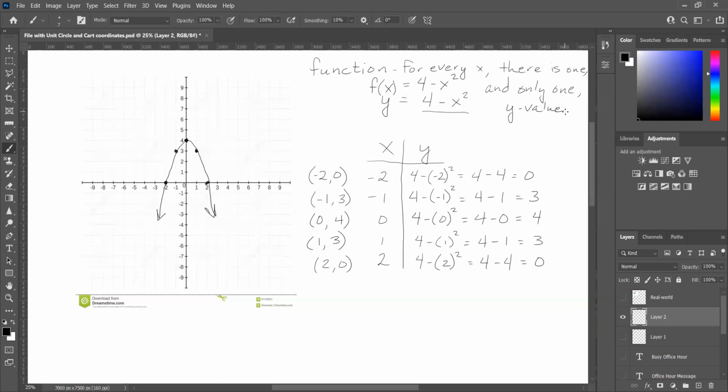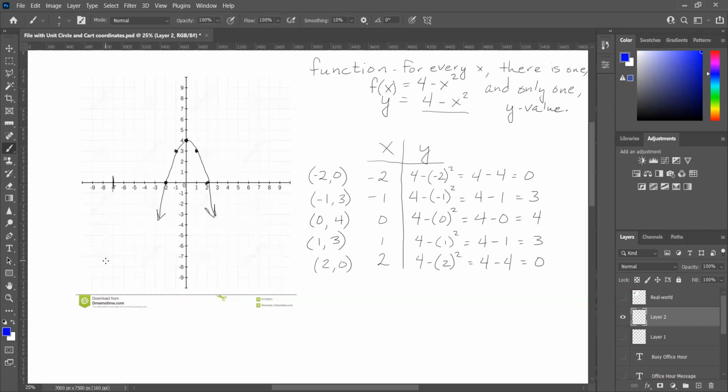That's what a function means. So for every number we pick to fit in this variable, we will get only one output when we plug that in.